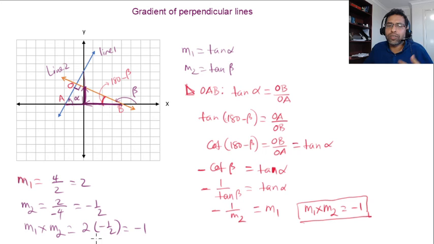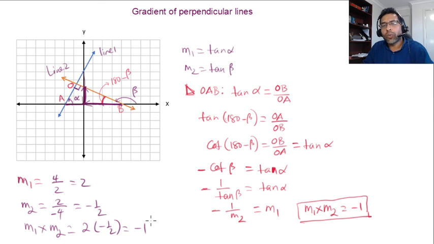For example, if we have a line with gradient 5, the perpendicular gradient will be 1 over 5, but negative. If we have negative 1 over 3, then it would be positive 3 for the perpendicular line. That's how the sign changes, and the number is reciprocated: 1 over 3 becomes 3, or 3 becomes 1 over 3.